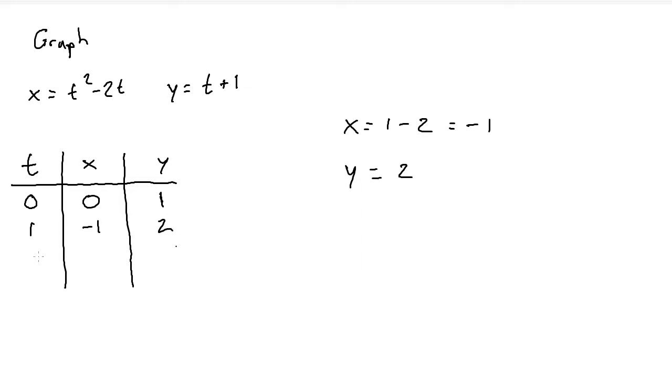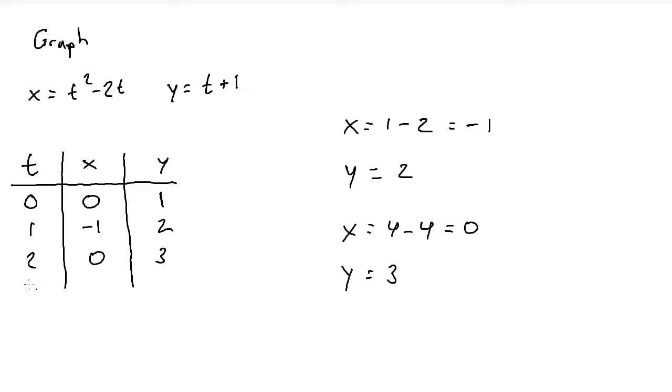And so forth. So let's plug in 2. Then x will equal 2 squared, which is 4, minus 2 times 2, which is 4. So then I get 0. And when I plug in 2 for y, I'll get 2 plus 1, which is 3. So then my y will be 3.